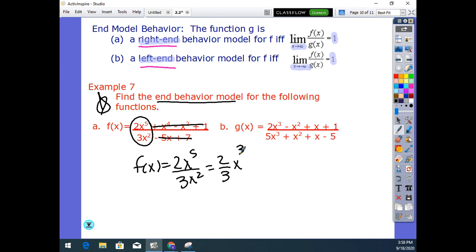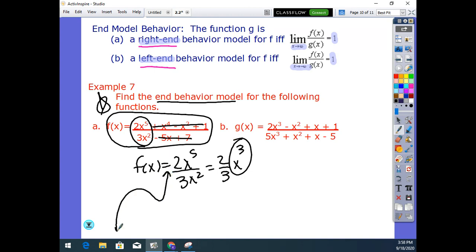What this tells us, the end behavior model, is that this original equation has similar attributes as x to the 3rd. Now, this whole middle stuff doesn't look the same, but what this x to the 3rd really tells me is the far left goes down to negative infinity and the far right goes up to positive infinity.